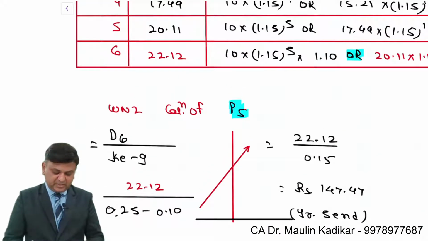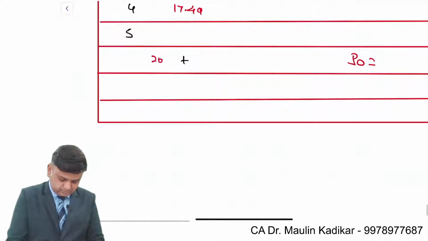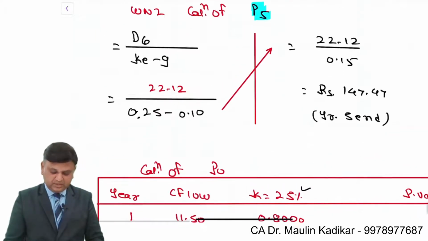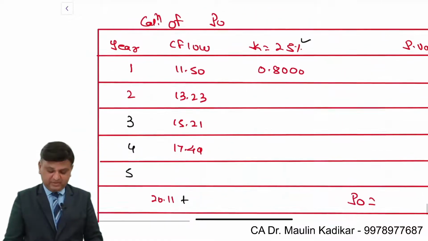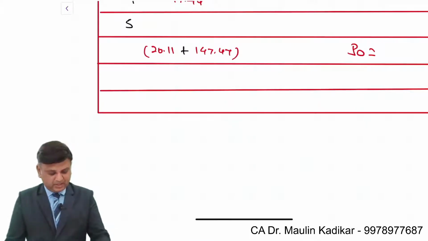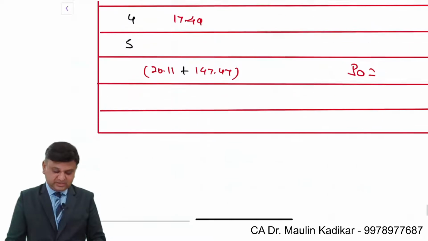Fifth is 20.11, plus P5 value. It is 147.47. So 20 rupees 11 paise plus 147.47, so 167.58.